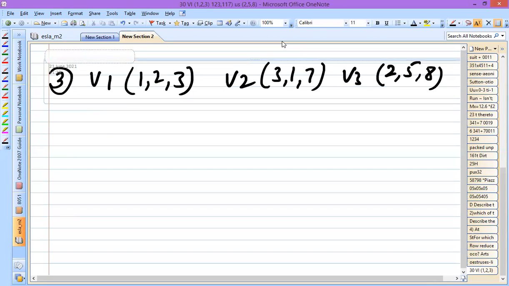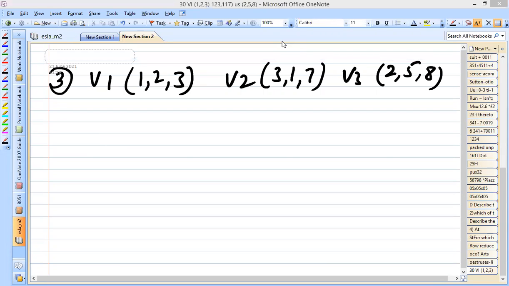Here the third problem is given. V1 is equal to (1, 2, 3), V2 is equal to (3, 1, 7), V3 is equal to (2, 5, 8). We need to say whether V1, V2, V3 are independent or dependent.